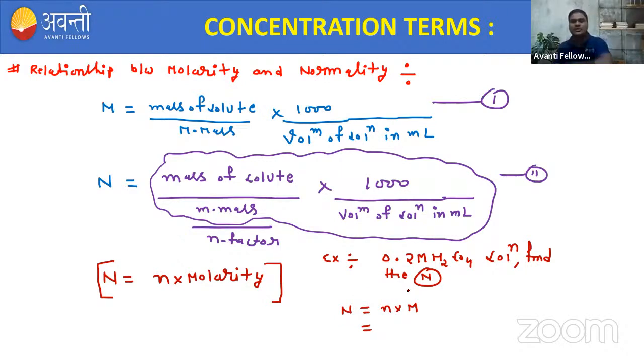Can anyone tell? The n factor for H2SO4 we have already calculated, and it comes out to be 2. That is 2 into 0.2, which comes out to be 0.4. So the normality of this solution is 0.4. This is how you can calculate the normality if you know the molarity, by using this relationship.